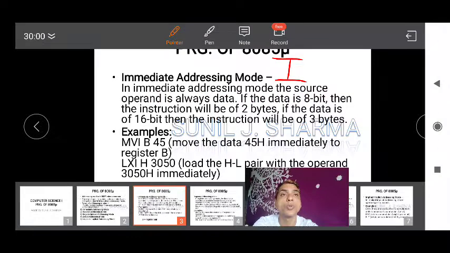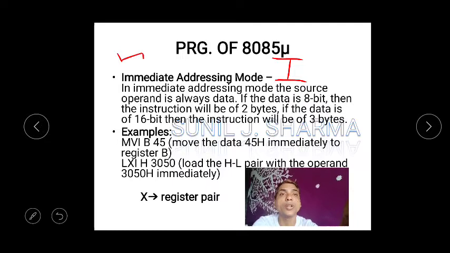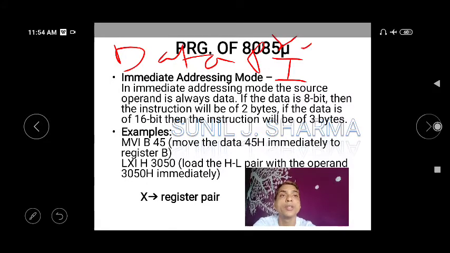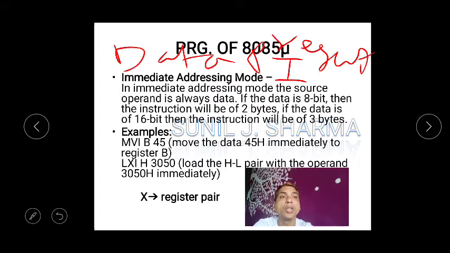So I hope you got that in immediate addressing mode, data is always present in the operand part. And can you see all the instructions end with I?